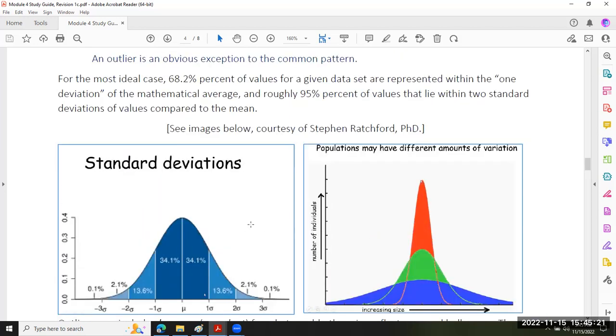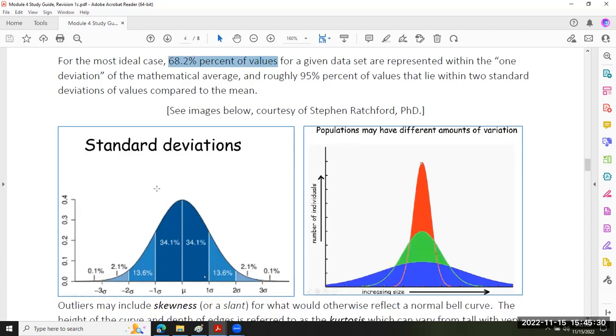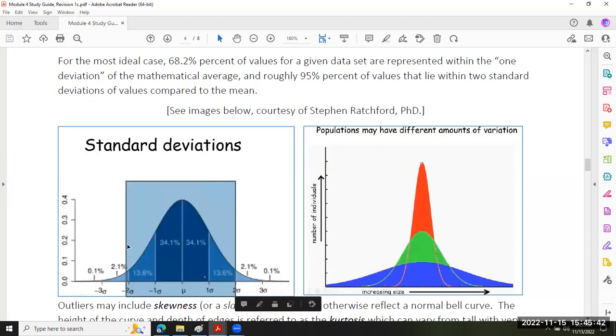So in an ideal case where you have random values that you're measuring, 68.2% basically fall within one standard deviation of the average. This would be 2 standard deviations of the average. So if there's a certain quantity that you're measuring, you can say, well, within 2 standard deviations of the population, the following is true, or the following criteria exist.